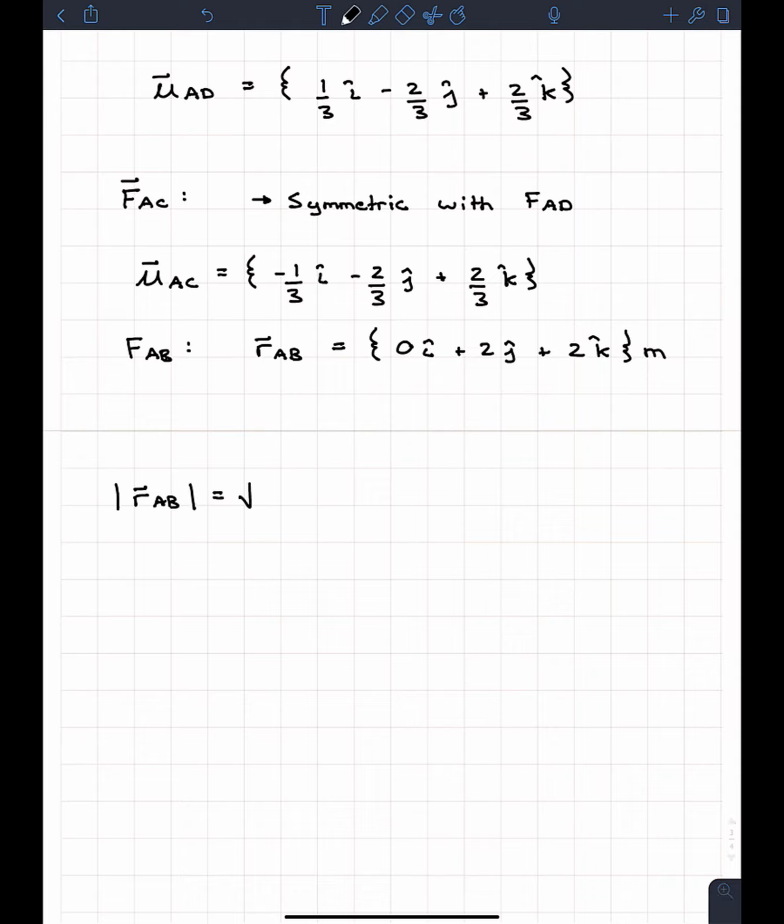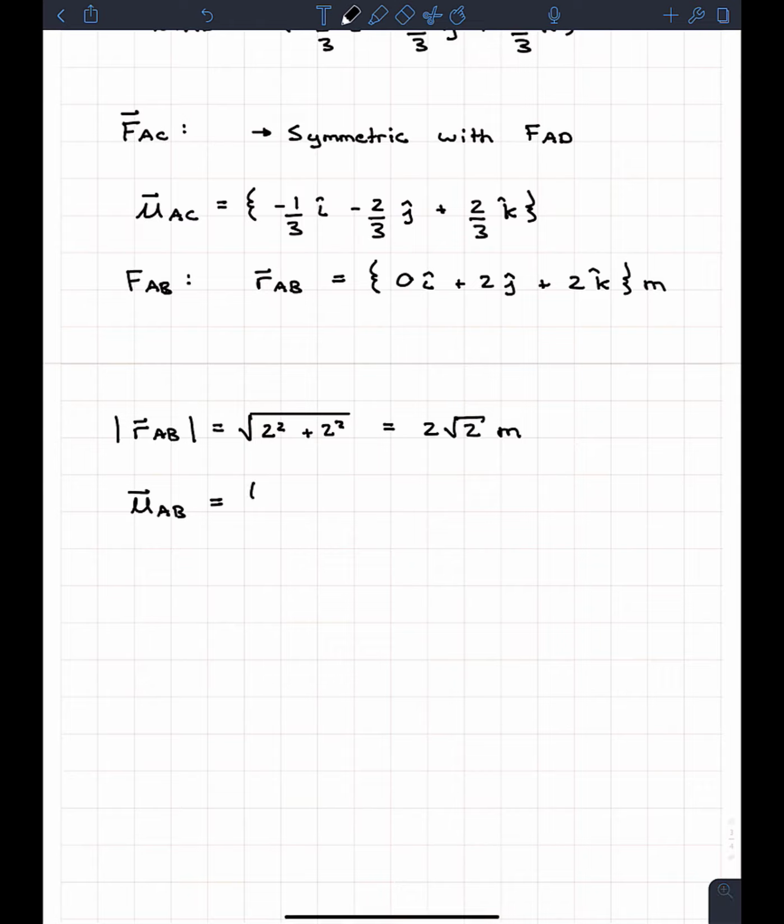which is equal to the square root of 2 squared plus 2 squared, which is equal to 2 root 2, in units of meters because it's a magnitude, it's a length still. So then we can say that the unit vector of AB is going to be equal to all those components divided by 2 root 2, which just turns into 1 over root 2.